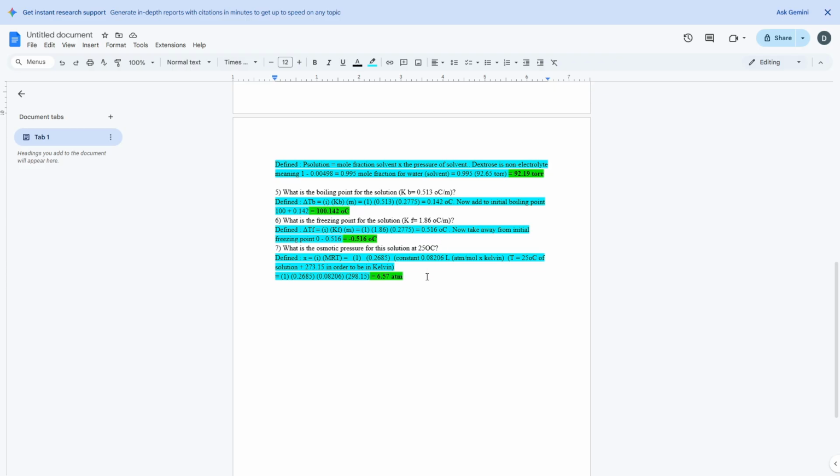So if it's at 25 Celsius, we have to add 273.15 in order to convert it to Kelvin. And so plugging in everything into the formula, we have 1 times our molarity times our constant times our new temperature in Kelvin, and we get 6.57 atm.